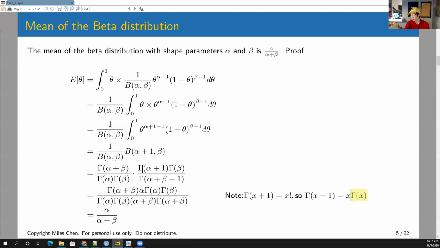All right, and so I'm replacing gamma of alpha plus 1 with alpha gamma alpha. This stays gamma beta, okay? This is gamma alpha, gamma beta, that stays right there. And then likewise down here, gamma of alpha plus beta plus 1 is going to equal alpha plus beta times gamma of alpha plus beta.